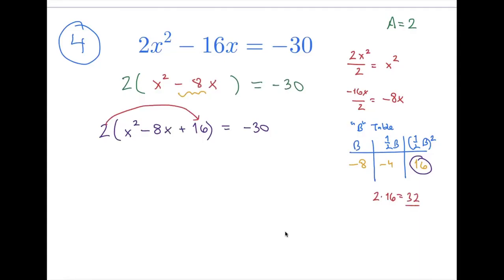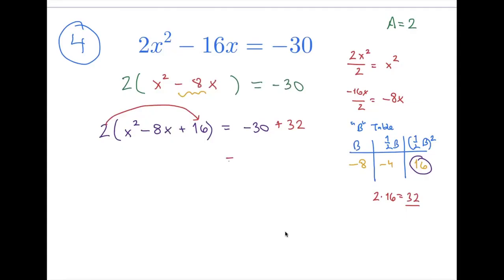So we're going to add 32 to the right side, not 16. Remember, whatever A is, you multiply A by the number that you added to the other side that doesn't have the perfect square trinomial. All right, so now we've done that.